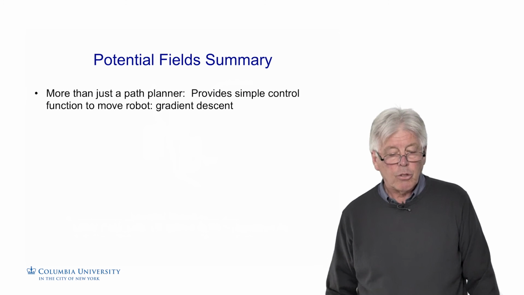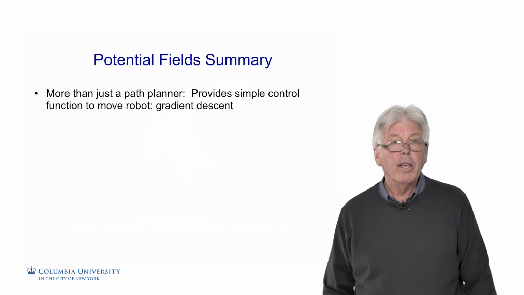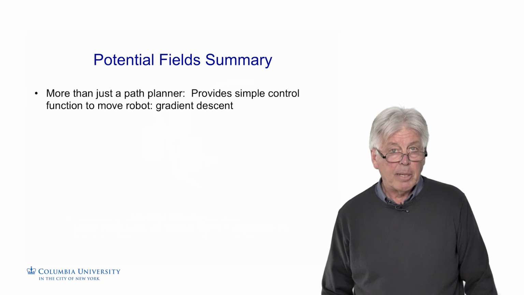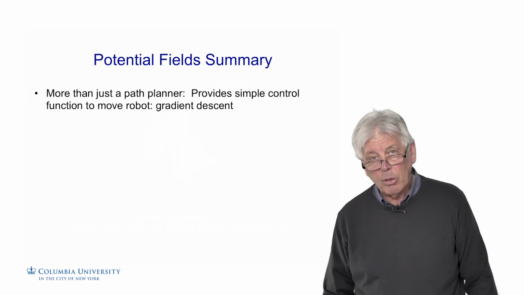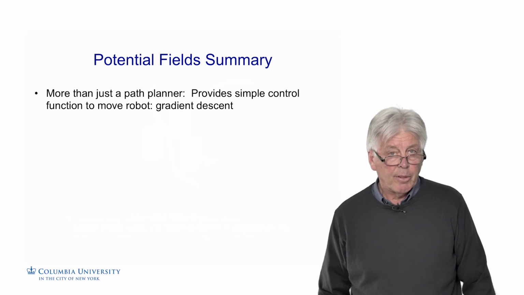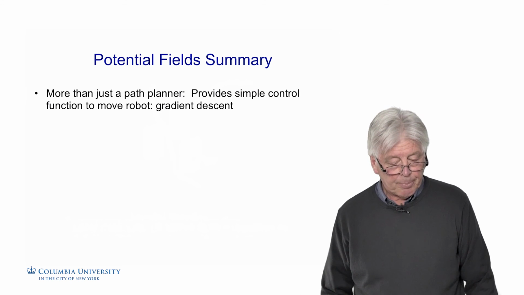So it actually gives you a control which you can translate into a velocity for the robot to move. So farther away, the robot will move very fast because you're taking the derivative of a large distance, and as you get closer to the goal, the velocity will slow down because you're very close and you won't have as much of a derivative. And again, this is all due to the gradient descent algorithm.